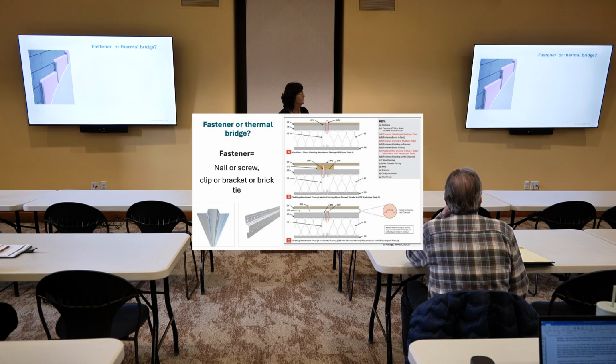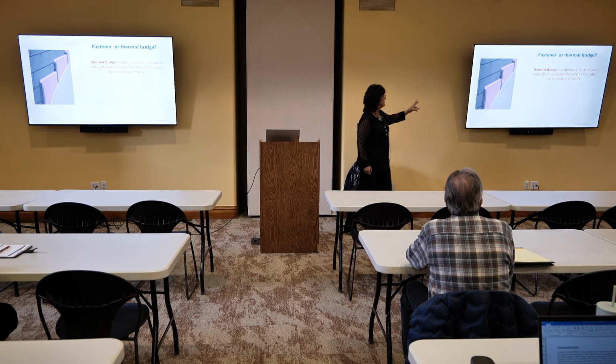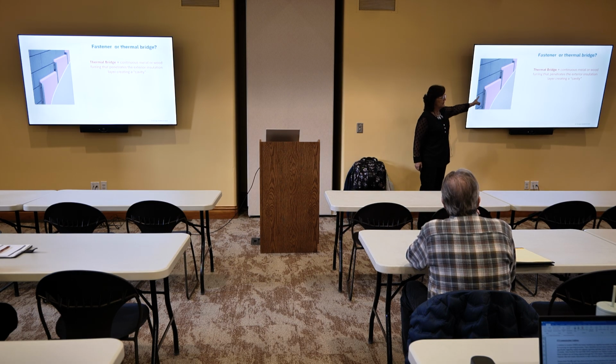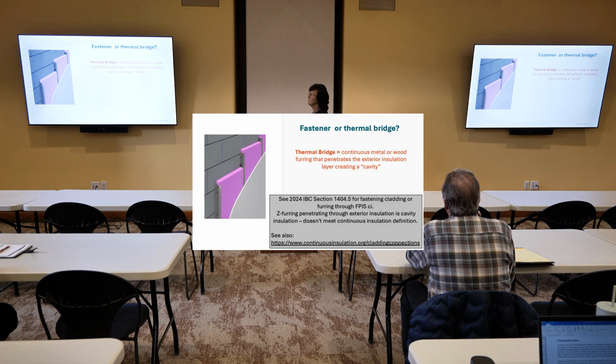However, if we go this route, then we are ending up with a thermal bridge. If we do these channels, we end up here with cavity insulation. So if I was trying to evaluate the R value or the U factor of my wall, or doing a REScheck or something, I'd have a cavity insulation on the inside of the building and a cavity on the outside.